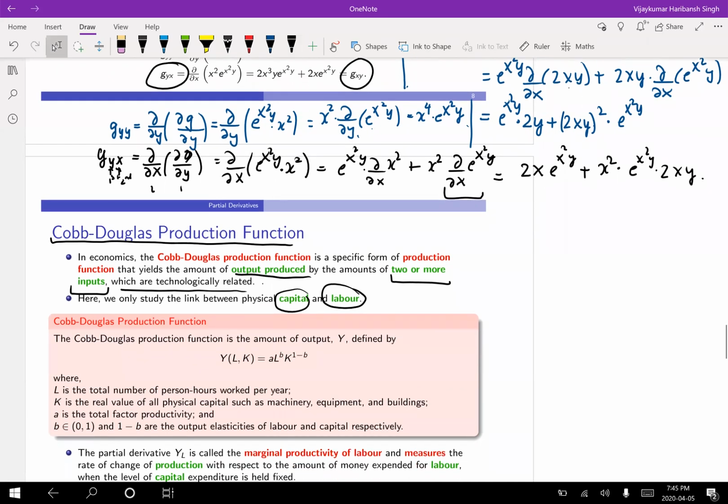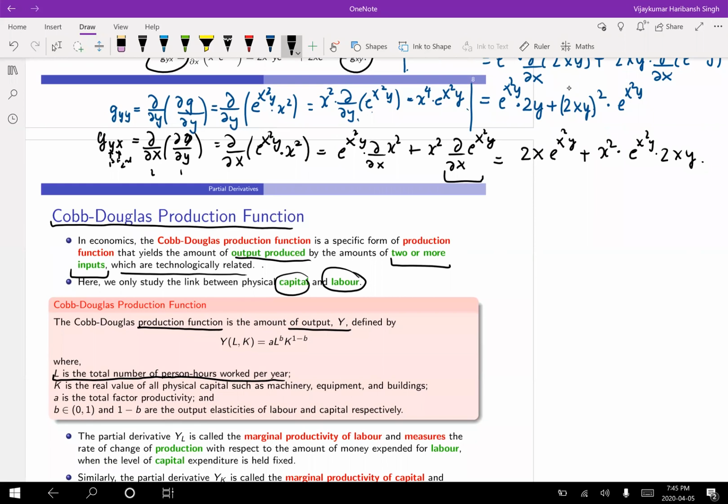So what is our output function here? Output is the amount produced, and the input L is the number of person hours worked per year, if you're doing the yearly output. And K is the real value of the capital, which can go towards machinery, equipment, buildings, etc.